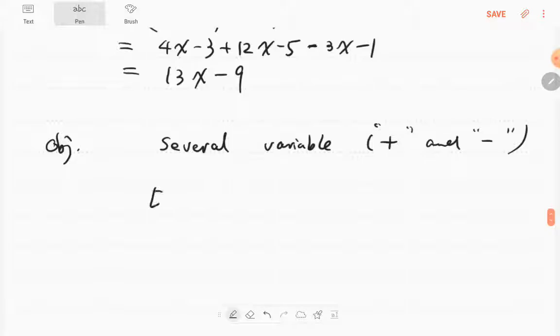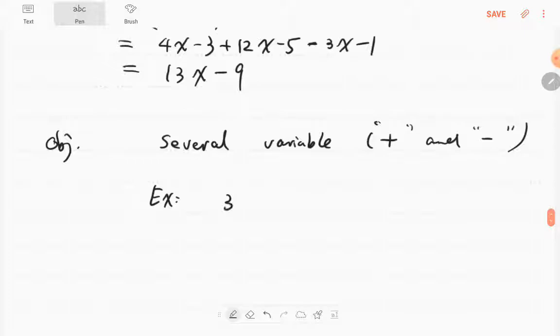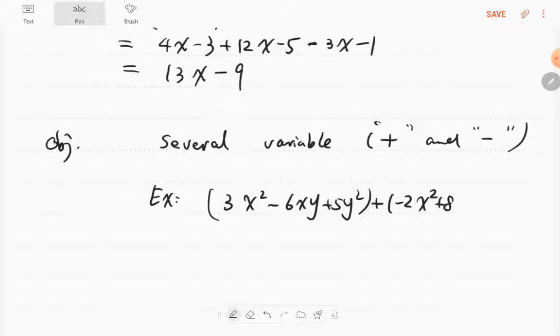So let's check an example. If we have this one, so first step is do the same. We need to get rid of the parentheses.